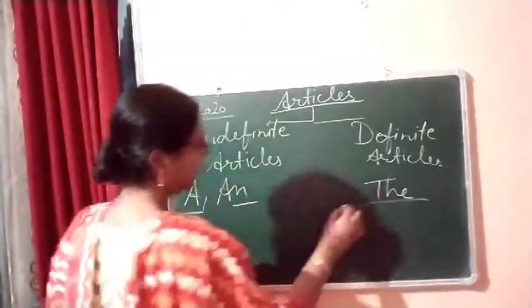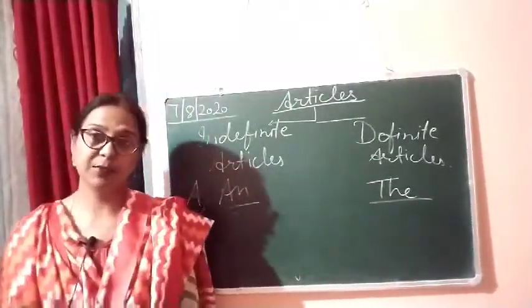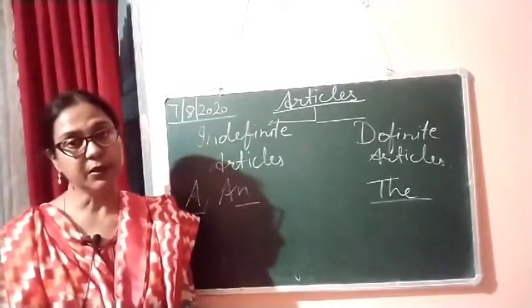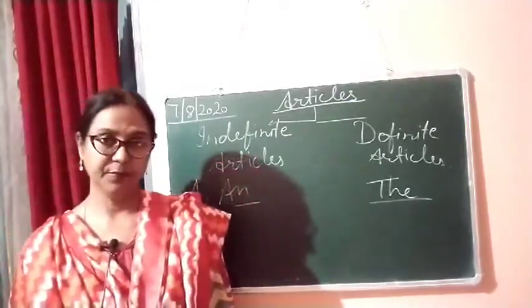So overall, if we count them, there are 3 types of articles. First of all, we are going to discuss a and an.